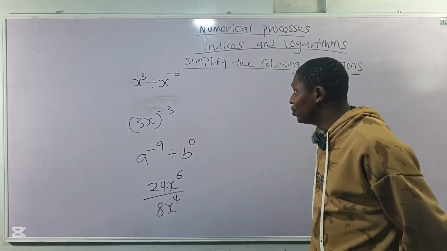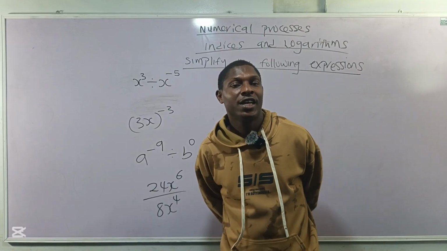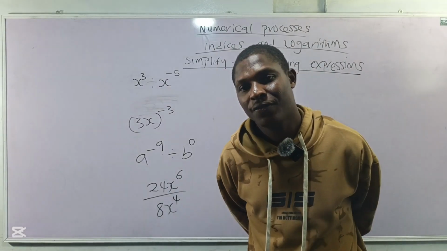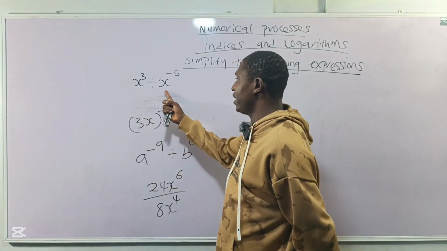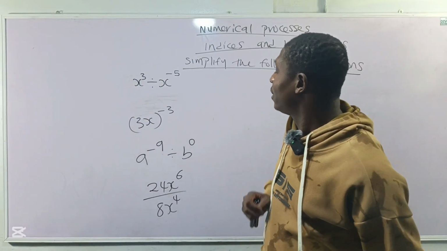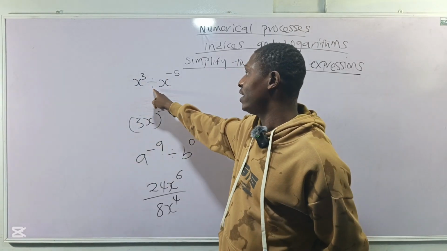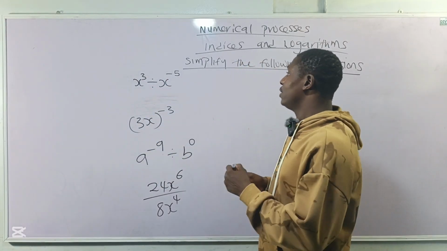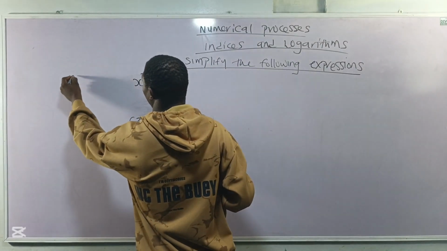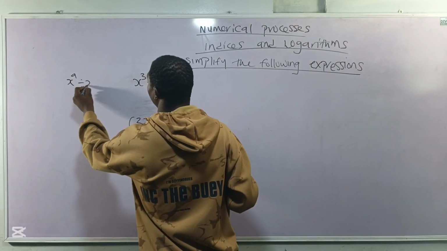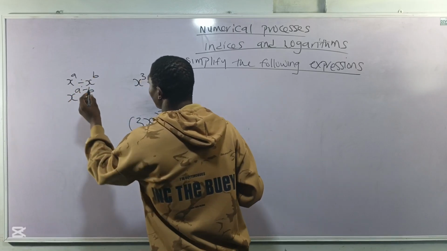So we have other examples here. We have x raised to power 3 divided by x raised to power minus 5. How do we resolve that? Remember, we have x as the base. Now, the power is 3 and minus 5. We have a division sign. The rule says for division that if I have x raised to power a divided by x raised to power b, this will simply give me x raised to power a minus b.